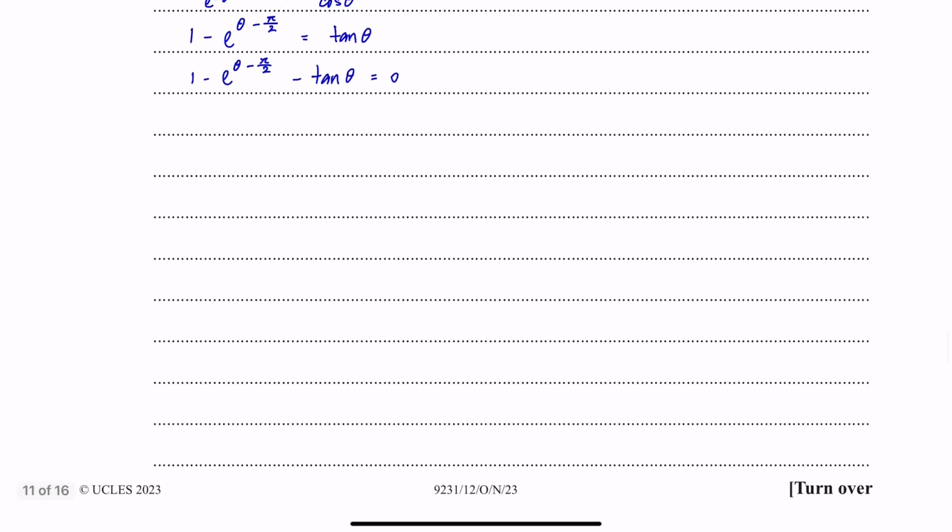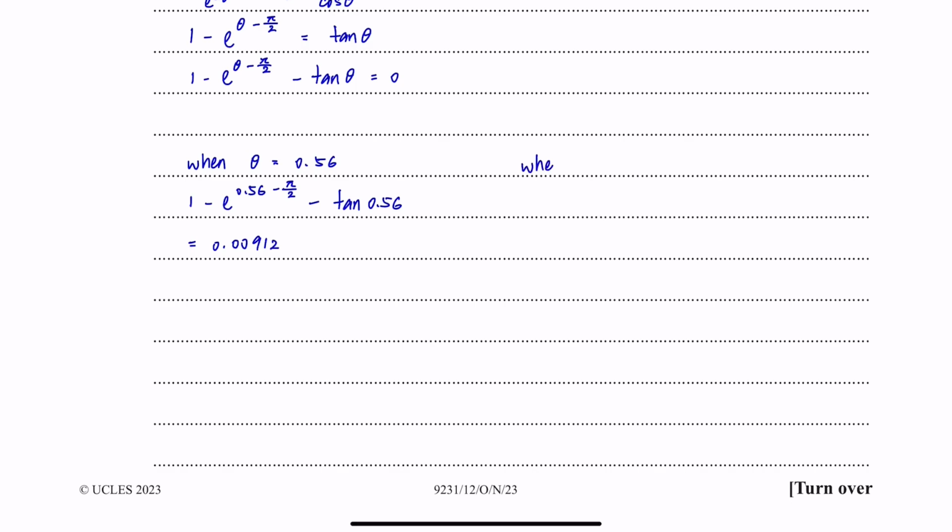So we just sub θ equal to 0.56 and 0.57. When θ is 0.56, we get 1 minus e to the power of 0.56 minus π/2 minus tan 0.56 equals 0.00912 to 3 SF. Let's just move it here so we have more space.